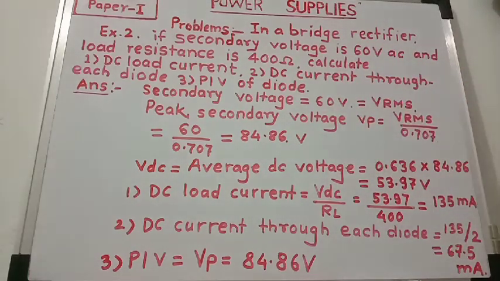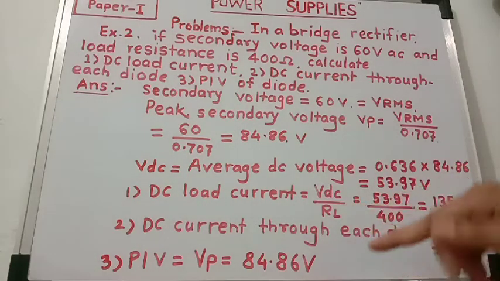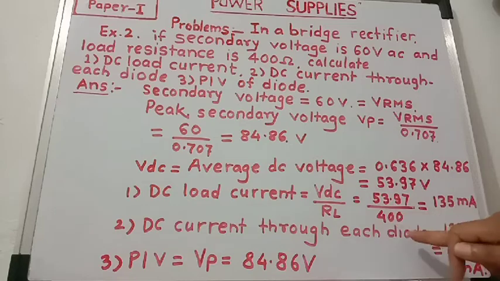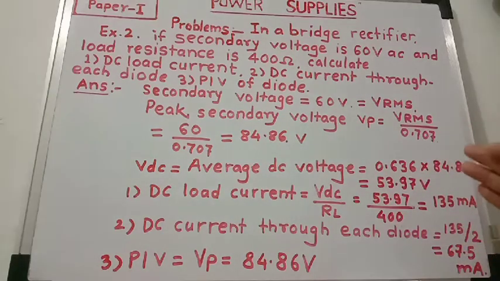During the positive half cycle, two diodes are conducting, and during the negative half cycle, the other two diodes are conducting. Each diode conducts for one half cycle. Therefore, the DC current through each diode is half that of the DC load current.